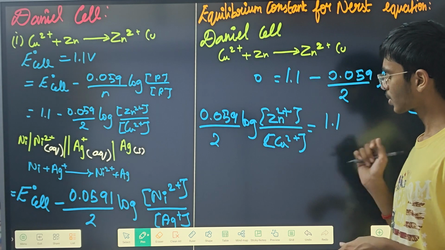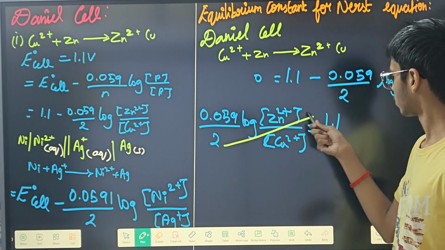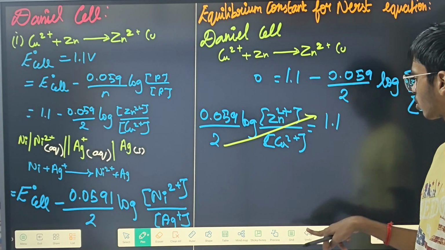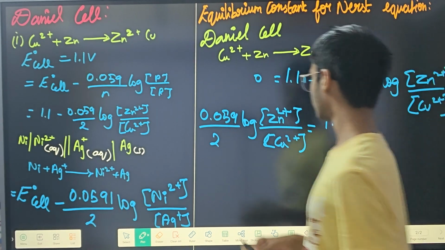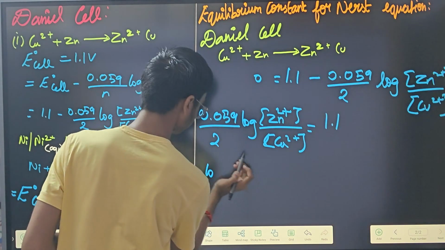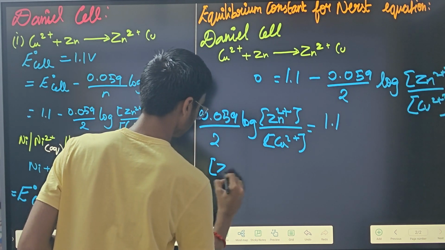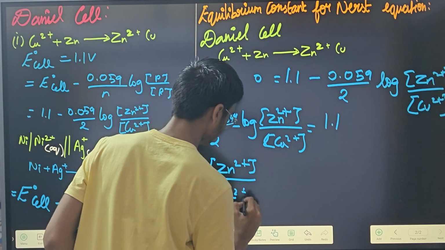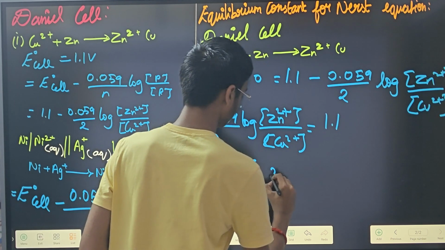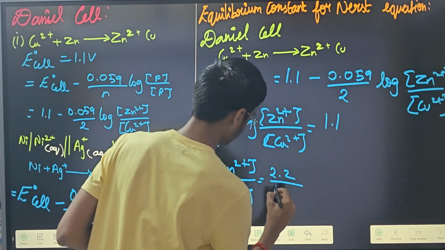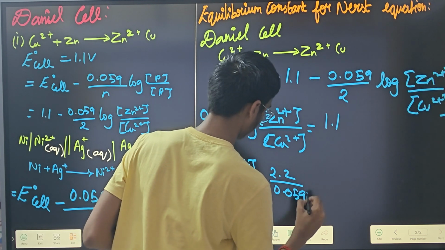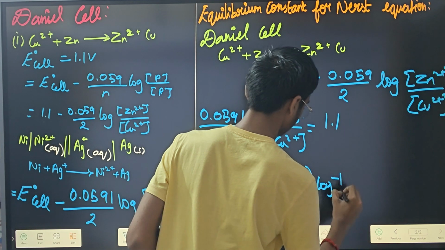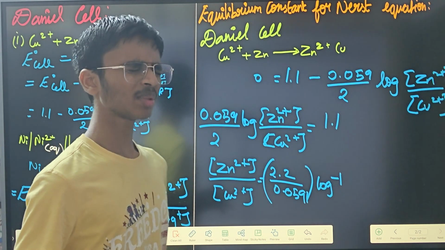Then I can put this to the denominator and this over there, so Zn2+ divided by Cu2+ is equal to 2.2 divided by 0.059, into log inverse.